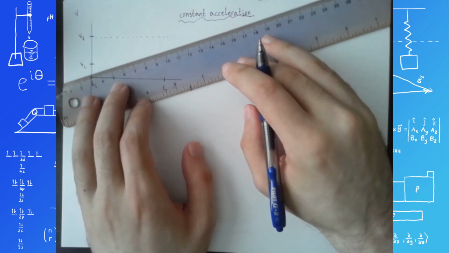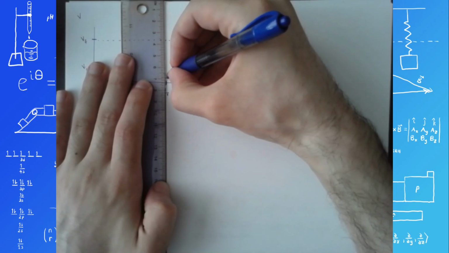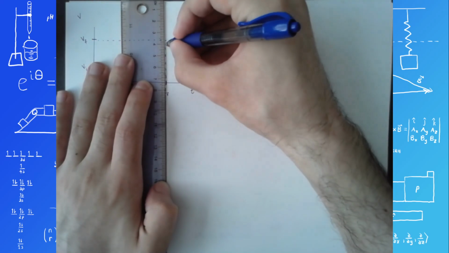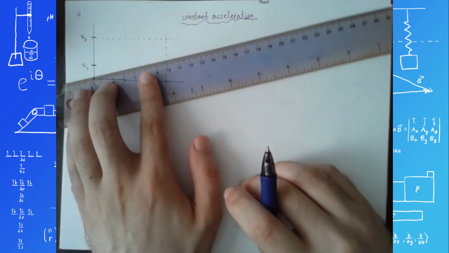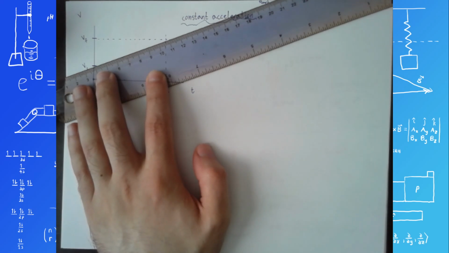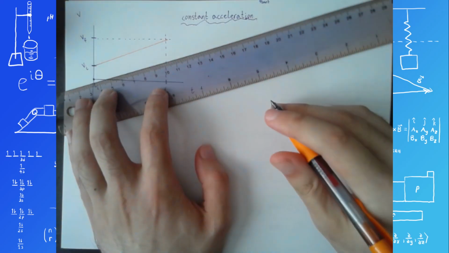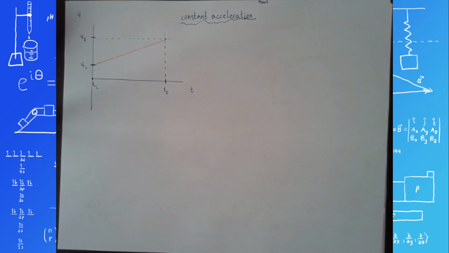If the acceleration is constant, that just means that the velocity increases over time in a straight line. Let me do this in another color. I'll go with orange. Okay, that's about right. So that's what that graph would look like.